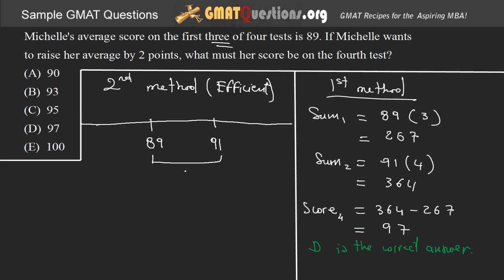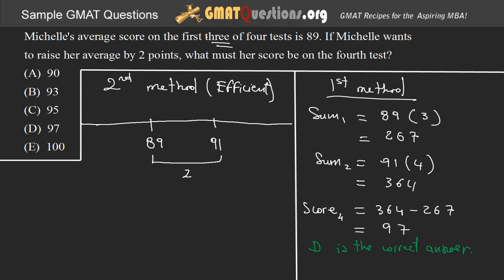But this 2 is like a weight, and this 2 is for one test. For the cumulative weight, we need to multiply this 2 by 3.